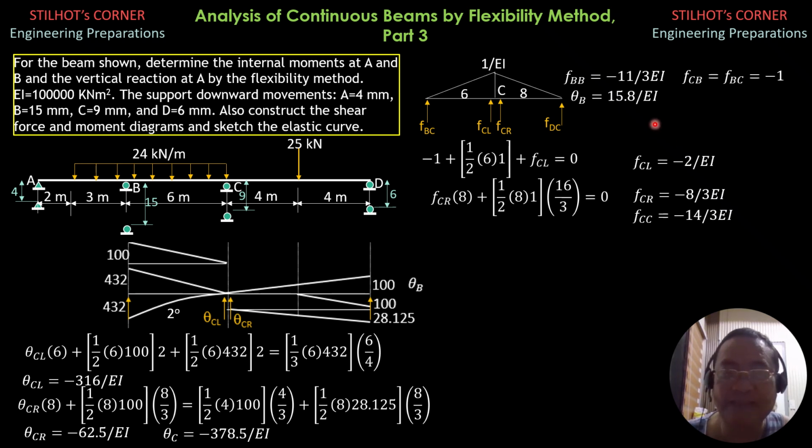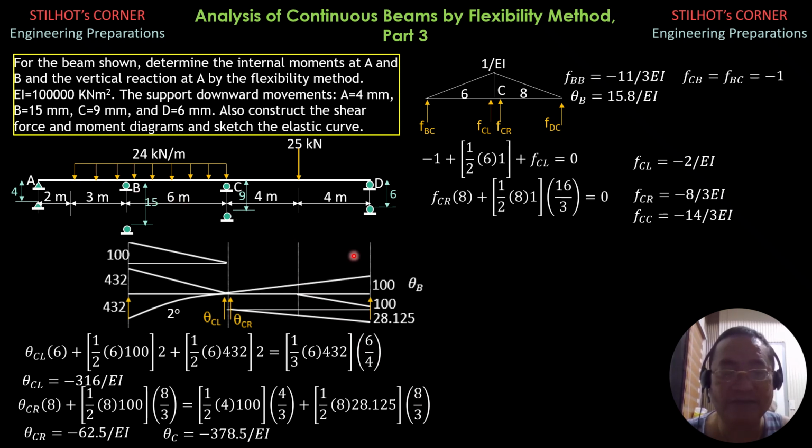So we have completed the force coefficients. We have FBC, FCB, then theta B, which is 15.8 over EI, theta C, which is negative 378.5. The compatibility equation is FBB times MB plus FCB, which is equal to negative 1, times MC plus theta B equals 0.